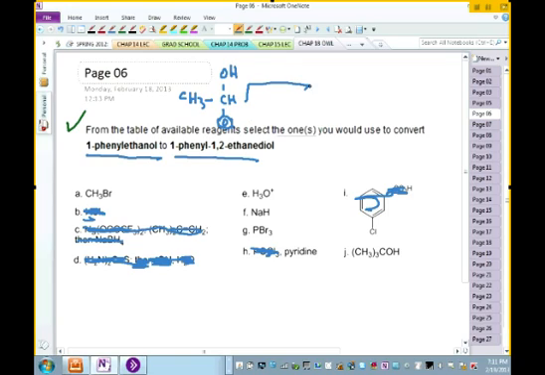And they want us to go from there to here. One phenyl 1,2-ethane diol. Okay, so you see I have the phenyl there, 1, 2. Now, that's what they want us to do.